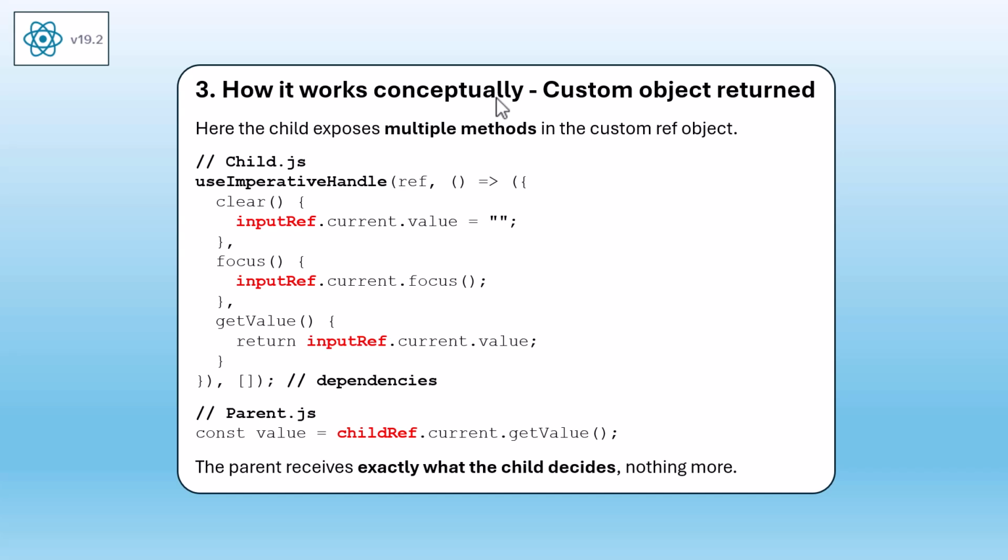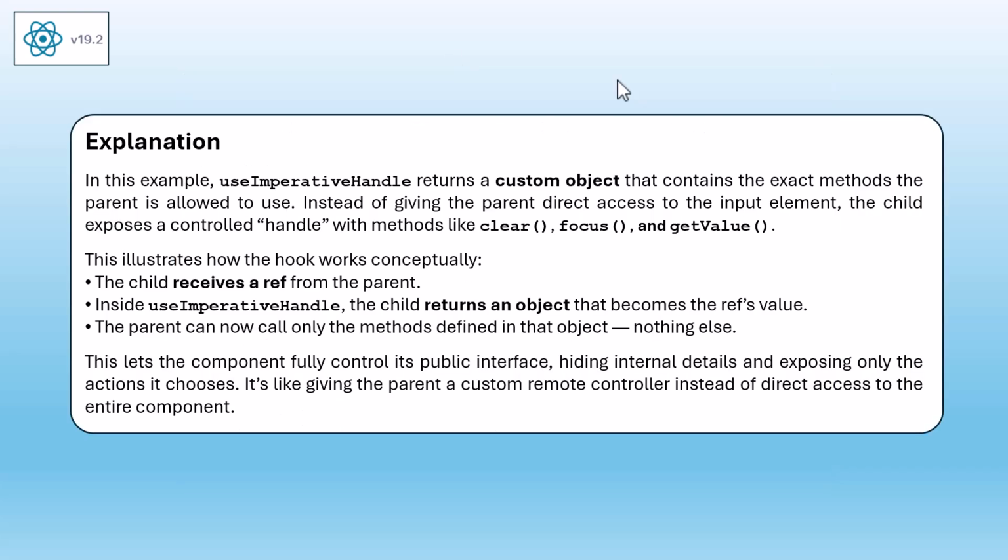In the third example, useImperativeHandle returns a custom object that contains the exact methods the parent is allowed to use. Instead of giving the parent direct access to the input element, the child exposes a controlled handle with methods like clear, focus, and getValue. This illustrates how the hook works conceptually. The child receives a ref from the parent.